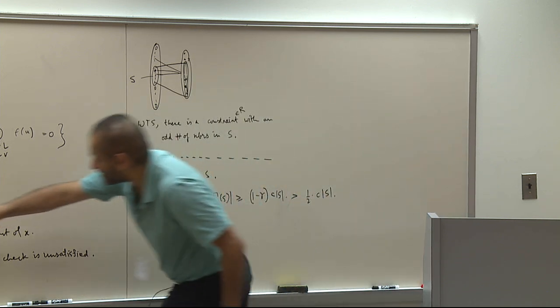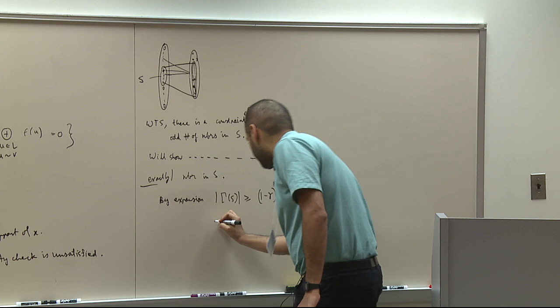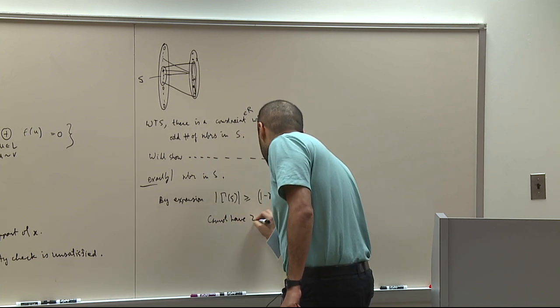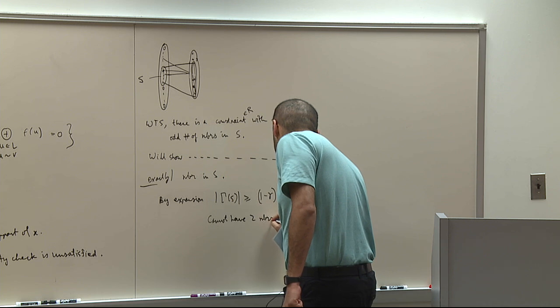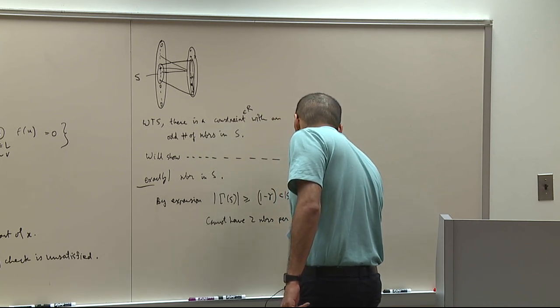Did I say that? No, I didn't. So we cannot have two neighbors per right vertex.